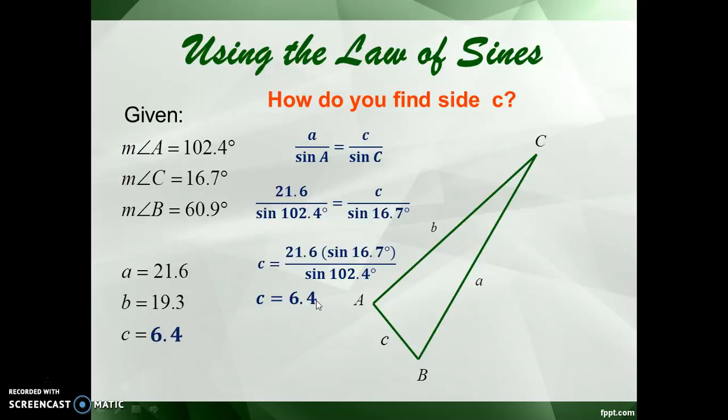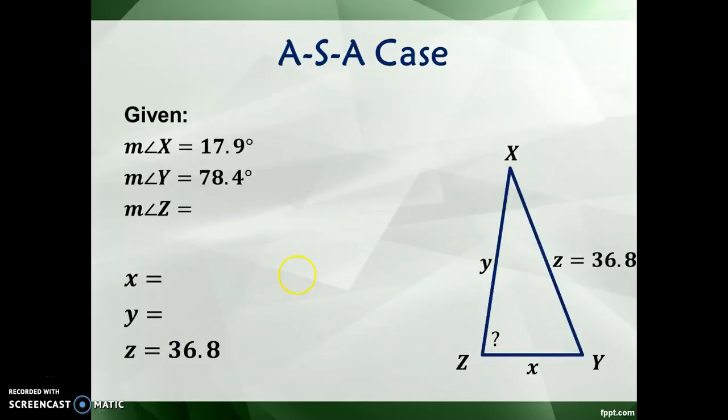Okay. Did you understand? If yes, let's move on to the next example. Given that the measure of angle X is 17.9 degrees and the measure of angle Y is 78.4 degrees and side z measures 36.8.